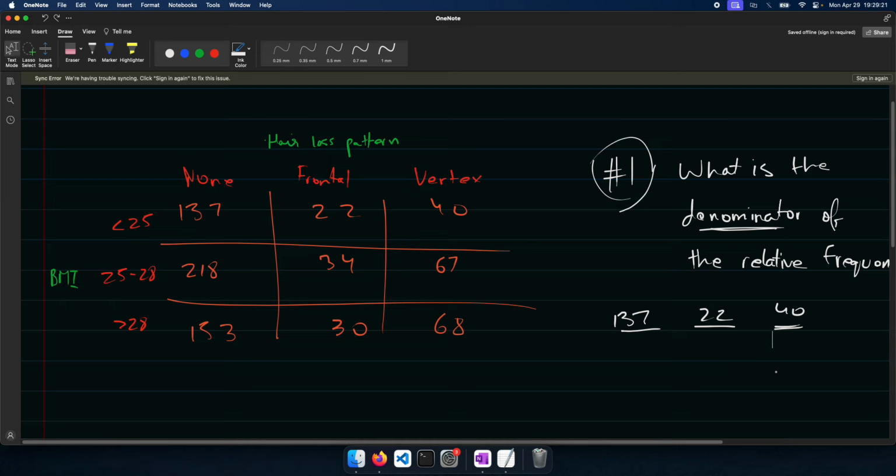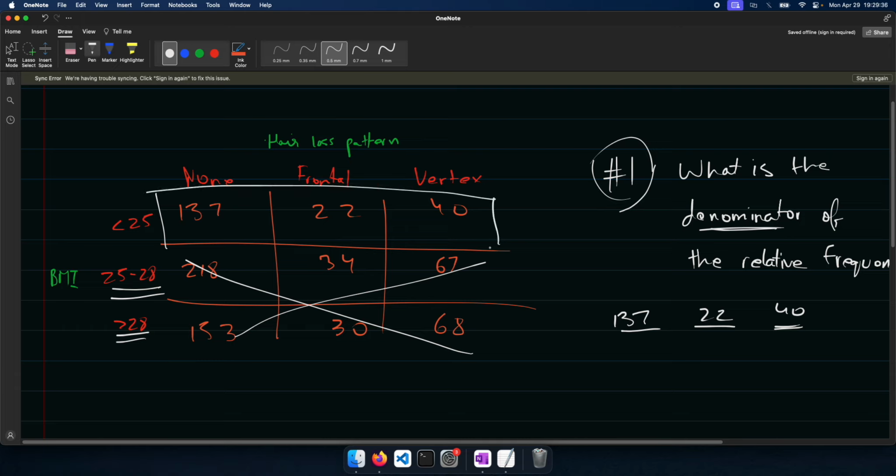In this case, it's asking you what is the hair loss pattern for all people under 25. So you don't even care about this data, because this is for 25 to 28 and this is above 28. You only care about this row. That helps you narrow down your choices, and then you add all these up.